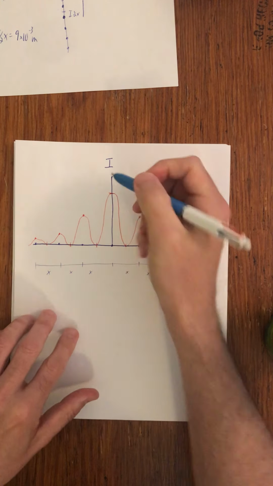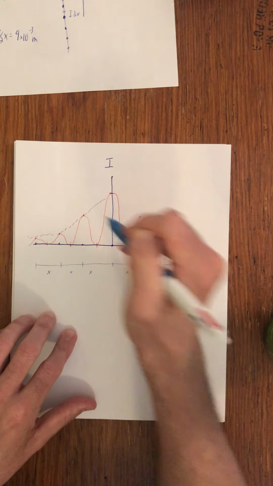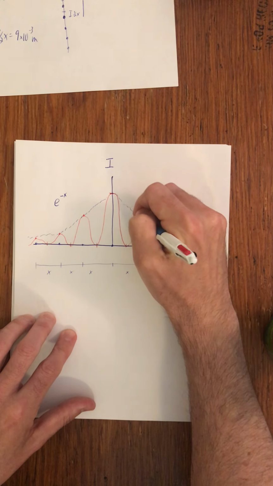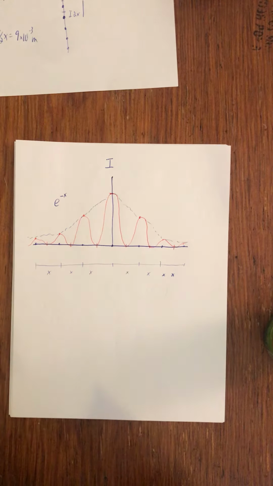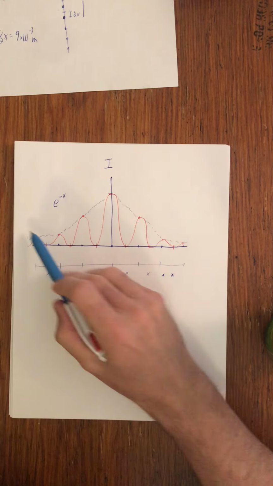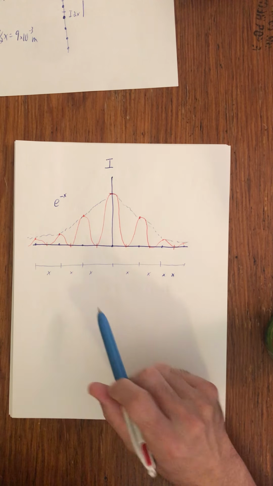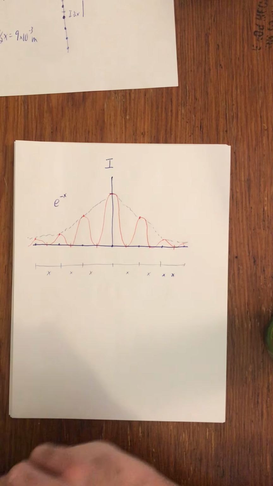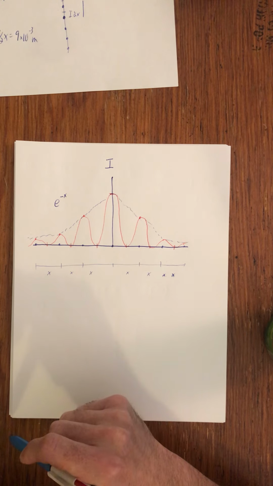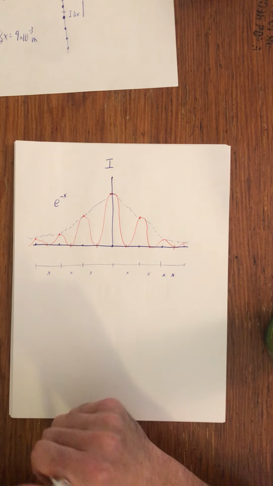If we look at the function that connects the tops of the points, it's actually an e to the negative x, a weird sort of exponential decay. It's not a linear decay. And this shape, you can imagine, is a bell curve, and these things are just nested inside the bell curve. The math of proving that is really ornery and nasty, but it is interesting, and I wanted to show you what that looked like.